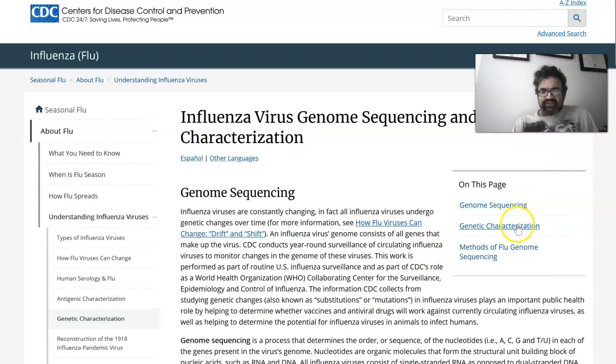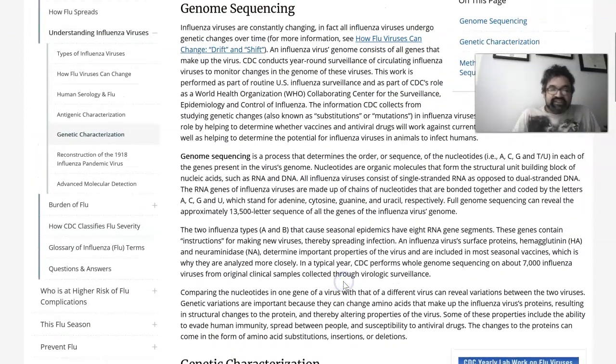So here's genomic sequencing, genetic characterization, and methods of flu genome sequencing. And you can use these each individually to try to determine the genetic sequencing of each influenza virus. So if you don't know what type of vaccine you'll be using, this is a good place to look at the process by which everything is determined.